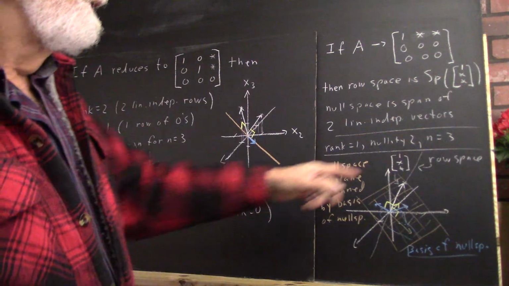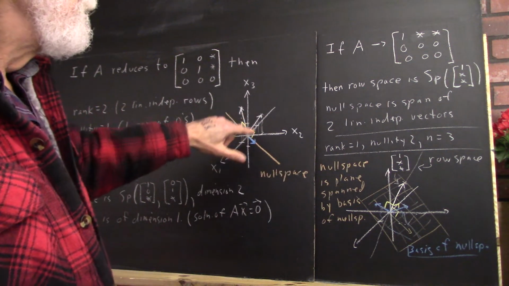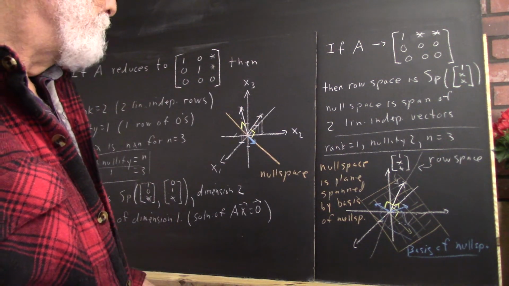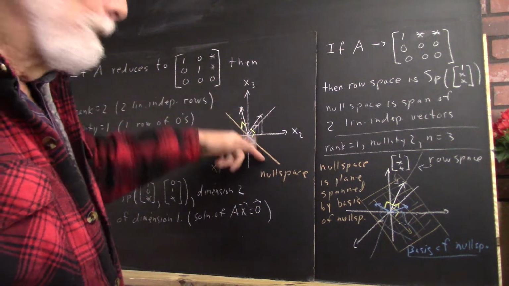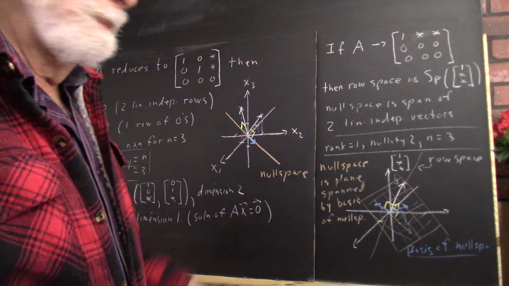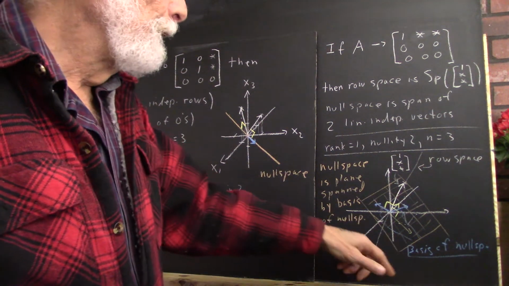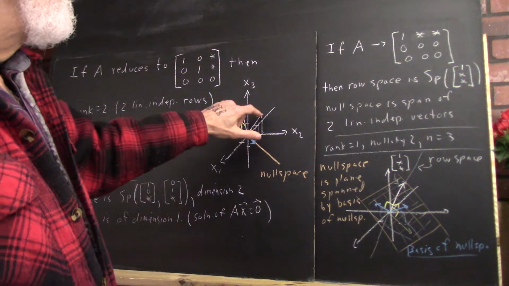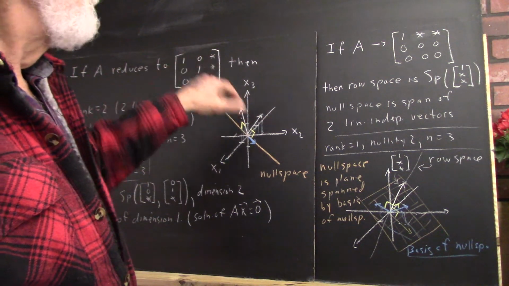And your row space here was spanned by two vectors, forms a plane. Your null space here was spanned by one vector, forming a plane, and your null space here is now a plane.